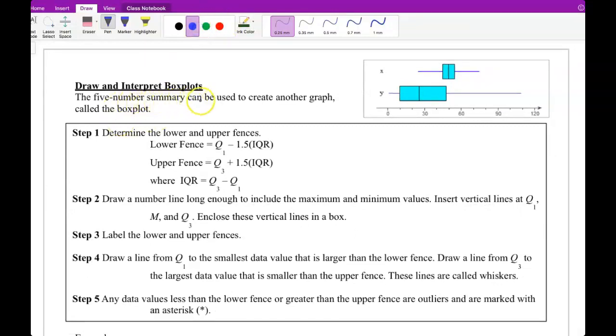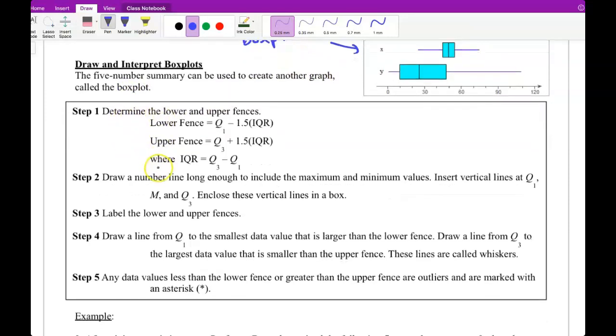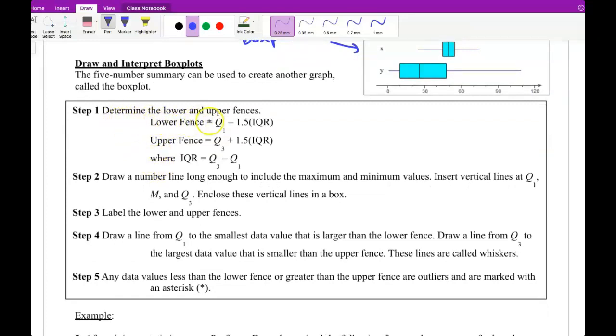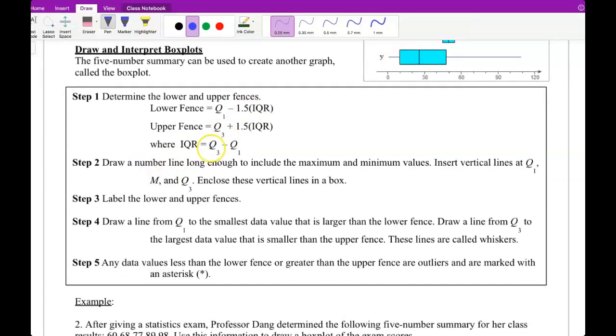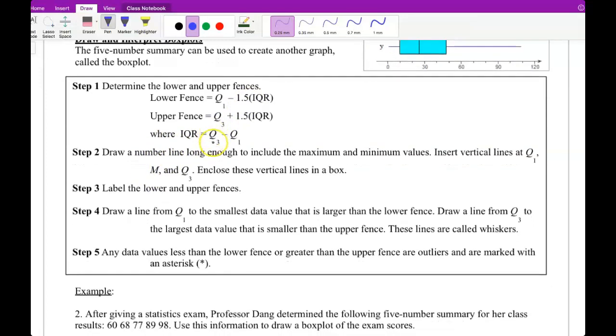Draw and interpret box plots. So here we have box plots. Step 1: determine the lower and upper fence, so finding the lower fence, upper fence, and also the interquartile range, same thing as the previous section.